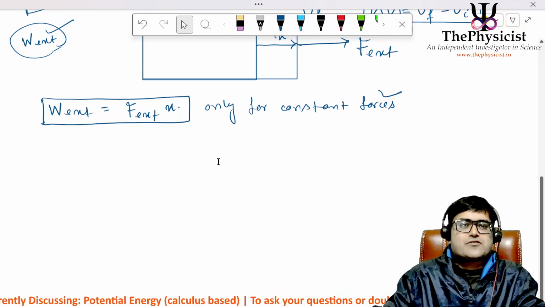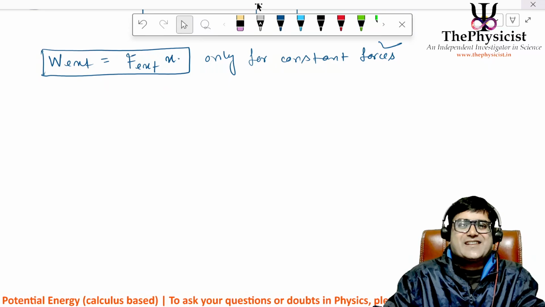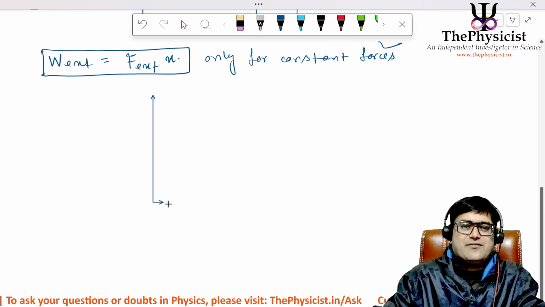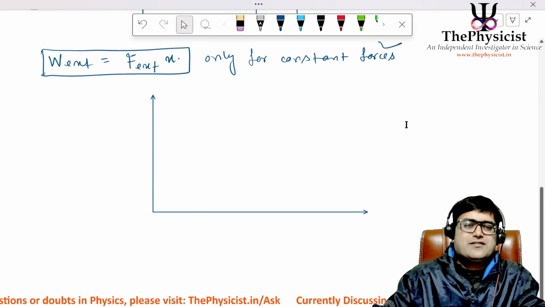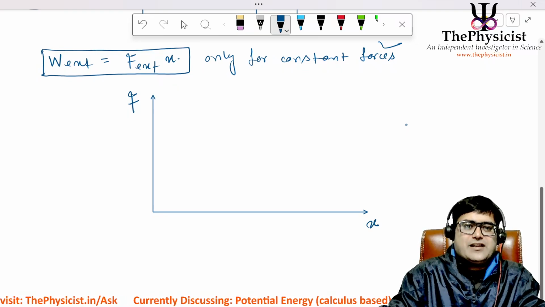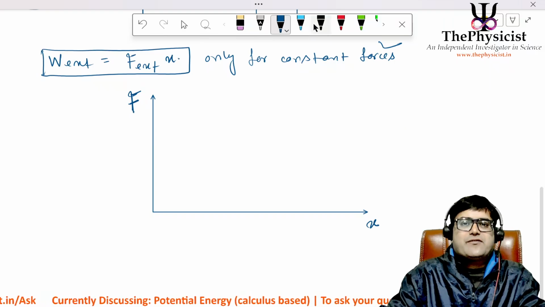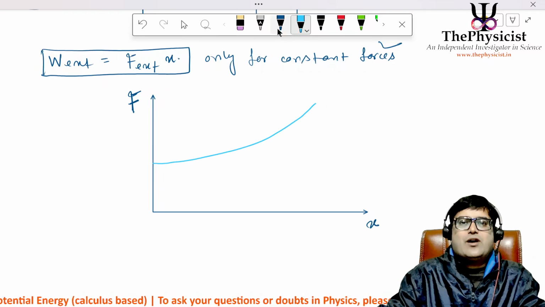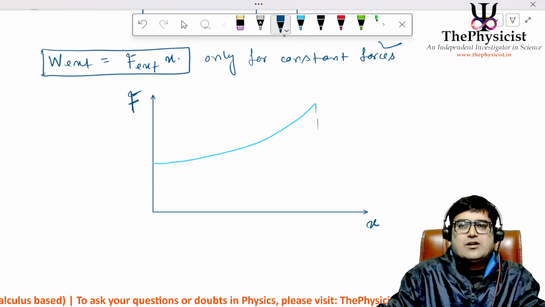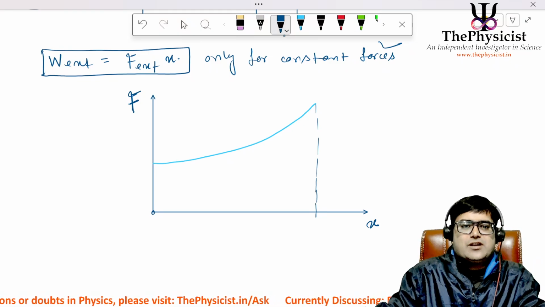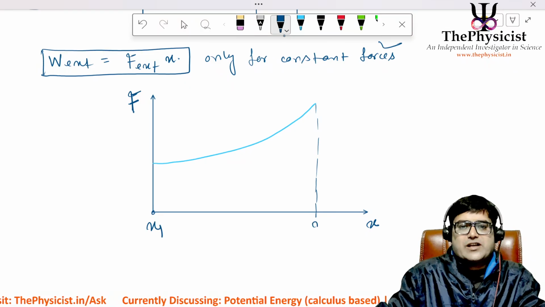So what will you do if the force varies? In this case, we are going to use calculus. Let's say I have a graph in which I plot the force and the displacement. Now, if the force varies like this, how would I know how much work is done by the force in going from x1 to x2?